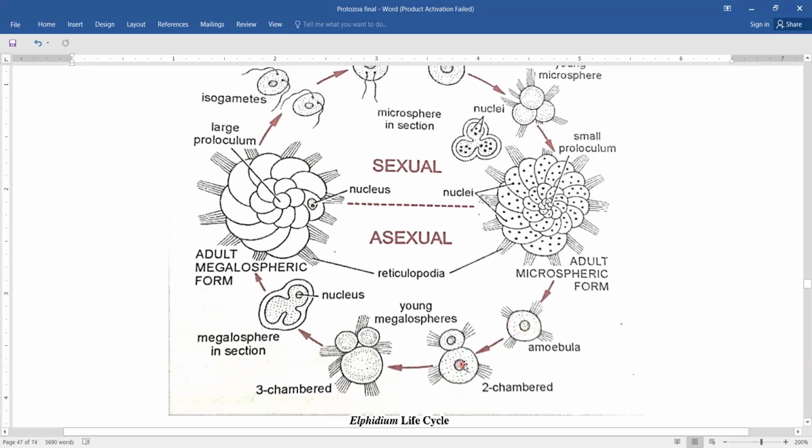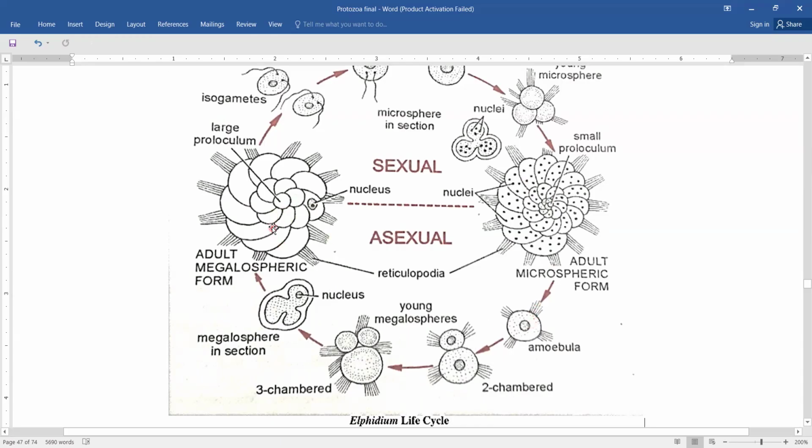Now the number of chambers is increased. Only a single nucleus is present. Gradually the number of chambers will be enhanced, and finally it will become a megalospheric form with a single nucleus. So due to asexual reproduction, many megalospheric forms are formed.